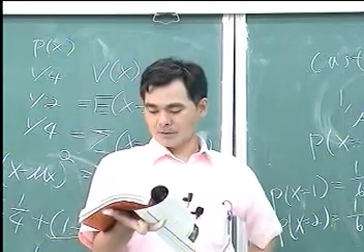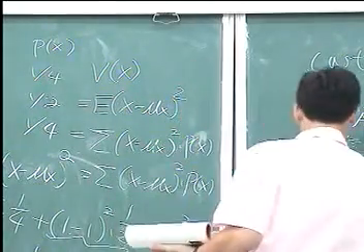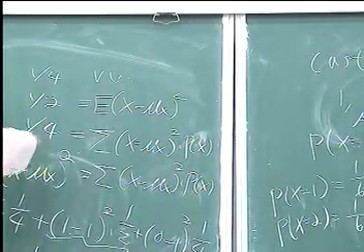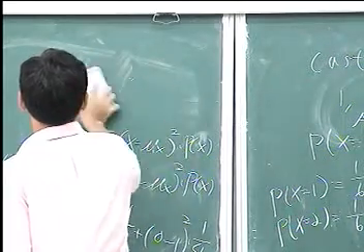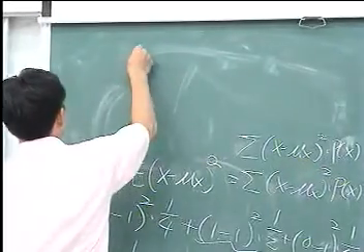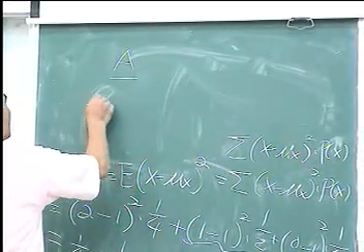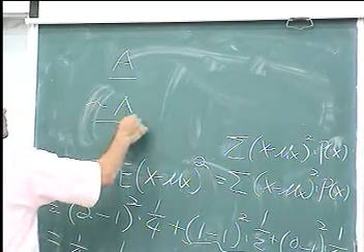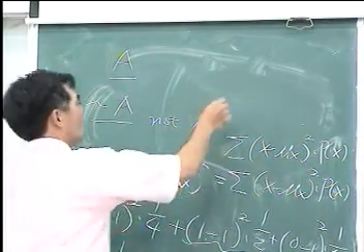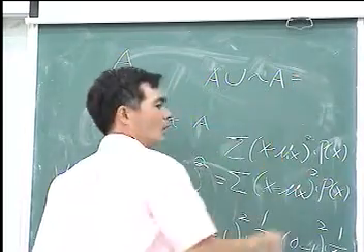So let us get to page 159. On 159, you have the complement rule. This is called A, and this symbol is not A. So A union not A should be equal to what?